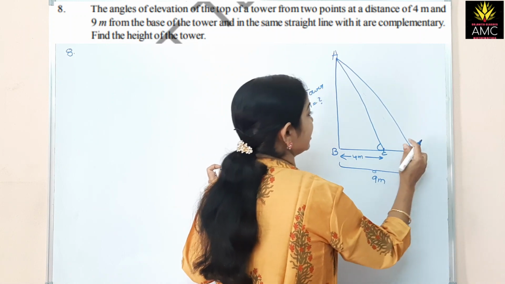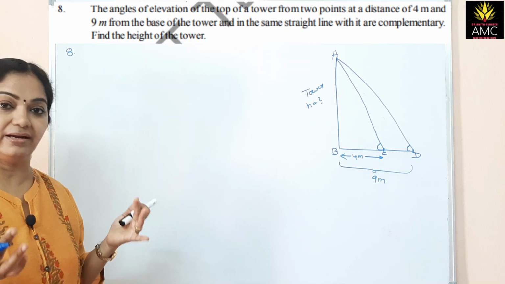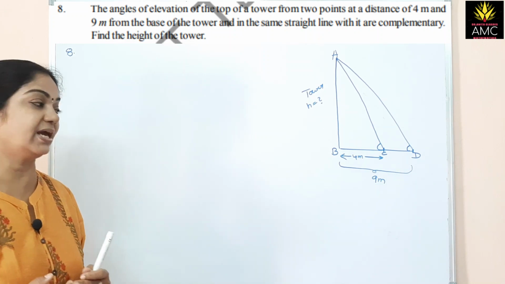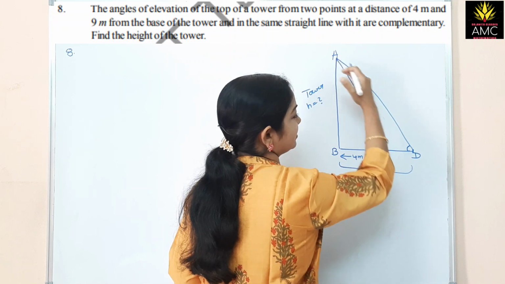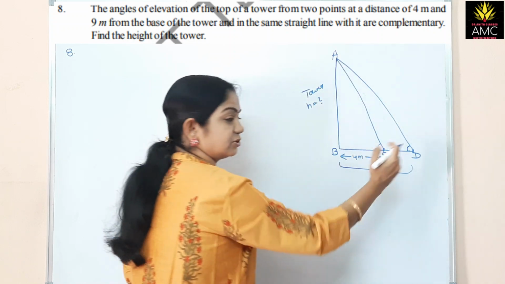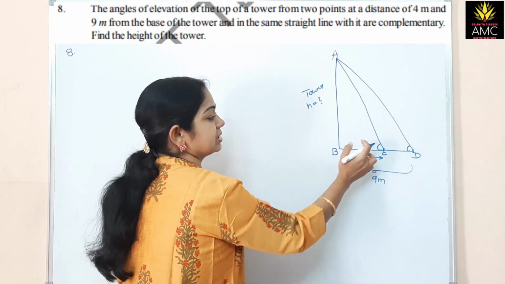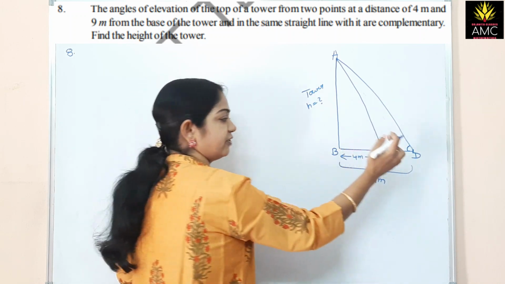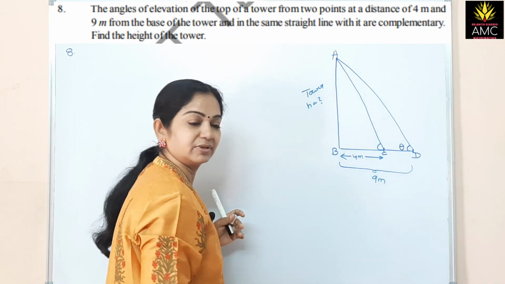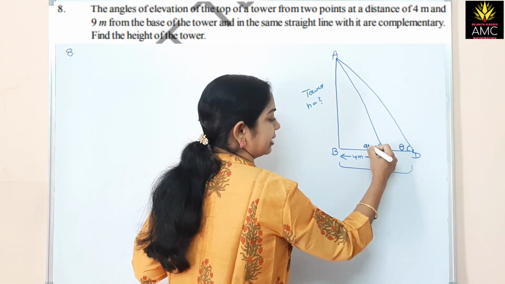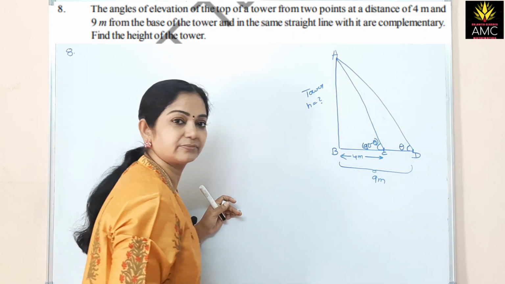These two angles are angles of elevation, but it is given that they are complementary angles. The angle which is away from the tower will be lesser, and the one towards the tower will be more. If I suppose this as x or theta, then this will be 90 minus theta, since they are complementary.